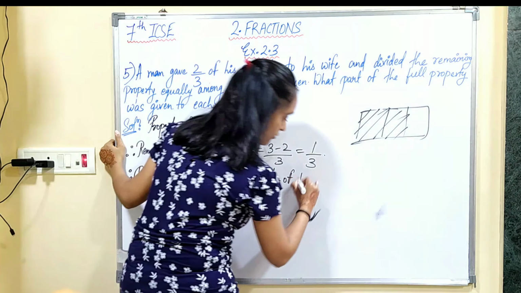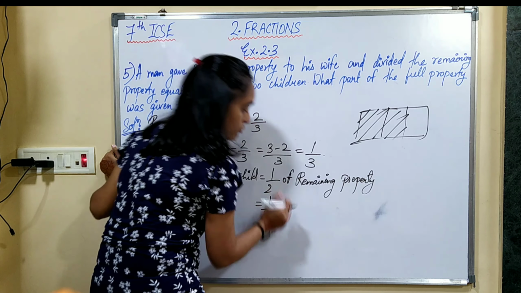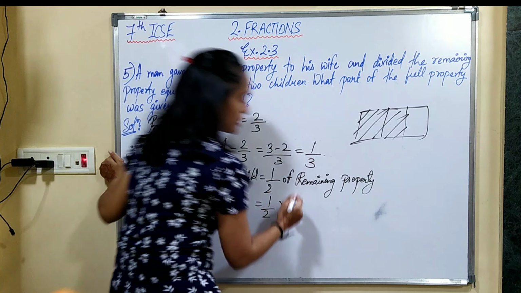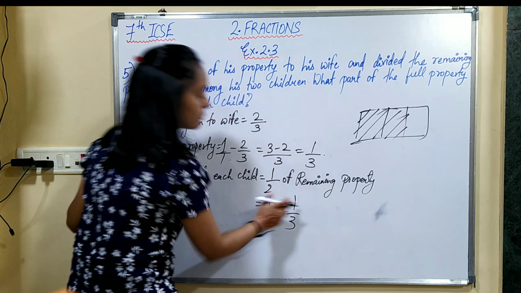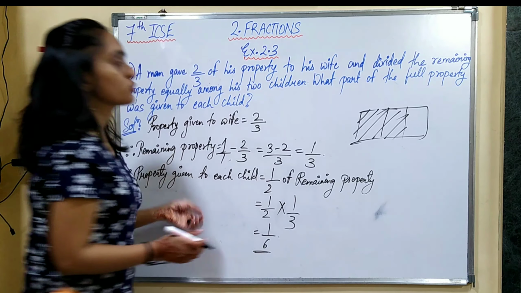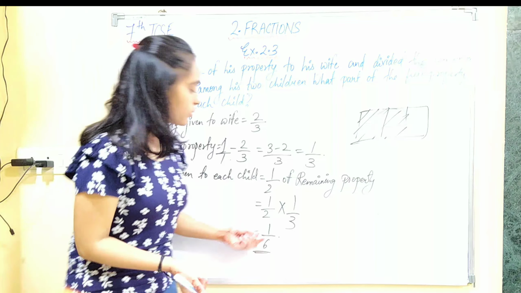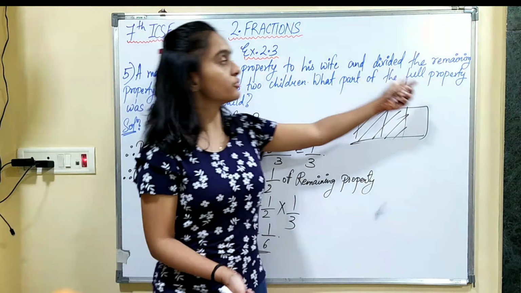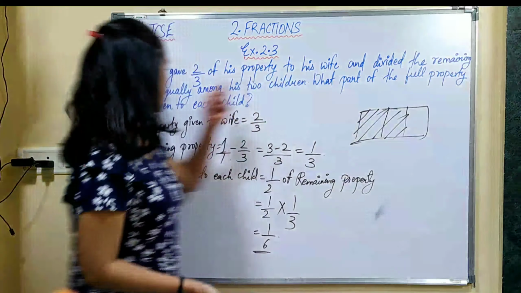So it will be equals to 1 upon 2. Of means multiplication and remaining property was 1 upon 3. So 1 multiplied by 1 and 2 multiplied by 3. So answer will be 1 upon 6. So therefore you will conclude that 1 upon 6th part of the full property was given to each child.